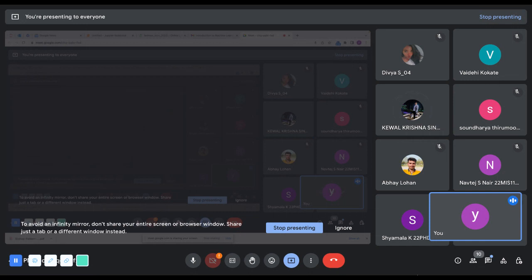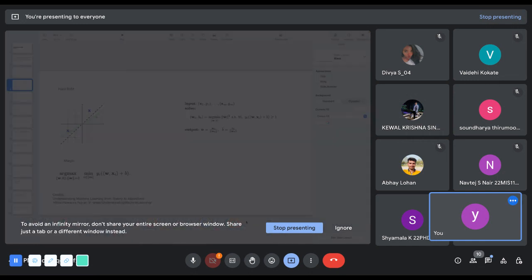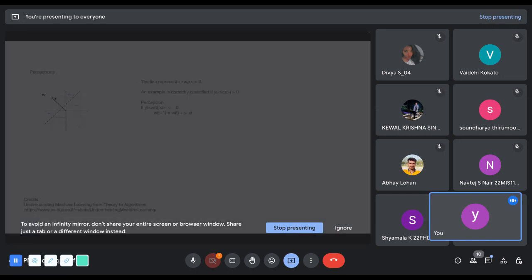Yes, basically, if you see, this is the direction of W, right? And let's say this is the direction of your input x_i.